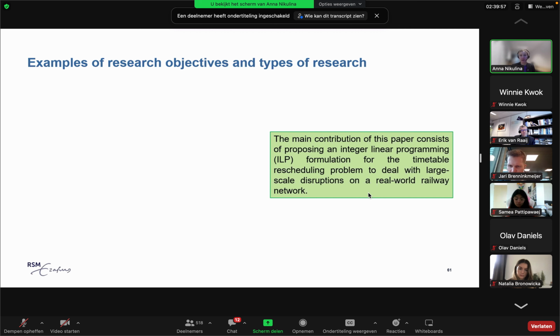So what type of research would you apply here? That's a pretty easy one, I think. Decision science, of course. Because again, a very specific problem, linear programming, a mathematical model, a rescheduling problem. It means that you want to improve and optimize the schedule.